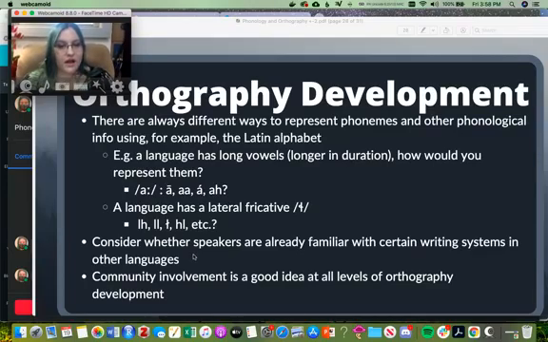But whatever the situation, which can vary greatly depending on the speaker community, it's always best to have community involvement from the speakers so that you develop something that is actually usable, accessible, something that people actually like and want to use and can use in the modes of communication that they do every day, such as writing, texting, typing, etc.